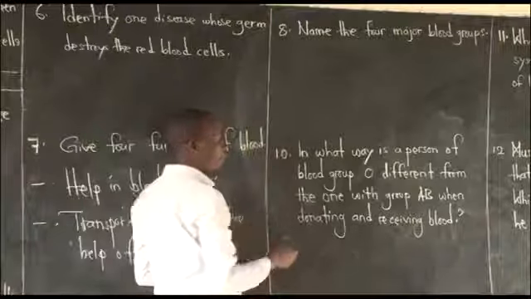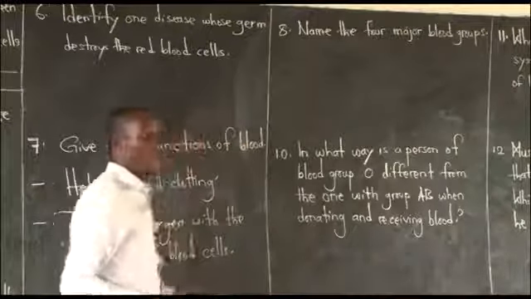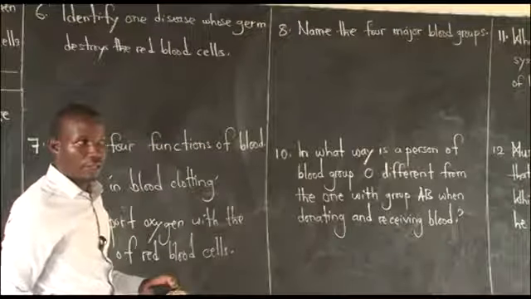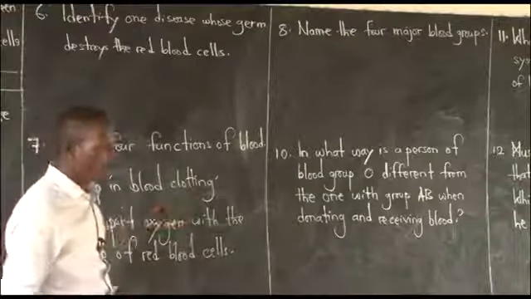We said we can have them in letters: blood group A, blood group B, blood group AB, and blood group O. So we can write all of them here.